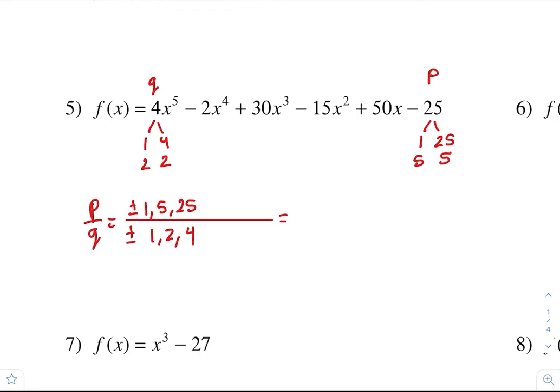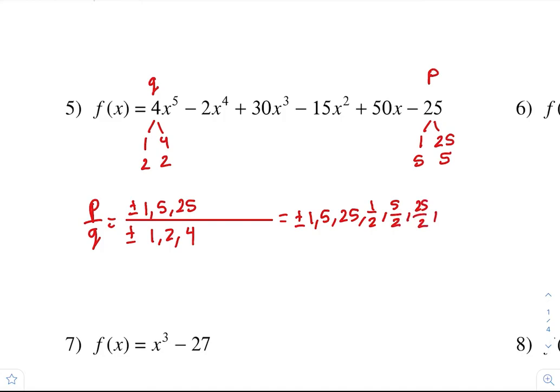Alright, so factors of p divided by the factors of q. So 1 over 1 is plus or minus 1. 5 over 1, 5. 25 over 1, 25. Now we're going to do 1 over 2, which is 1/2. 5 over 2, and 25 over 2.